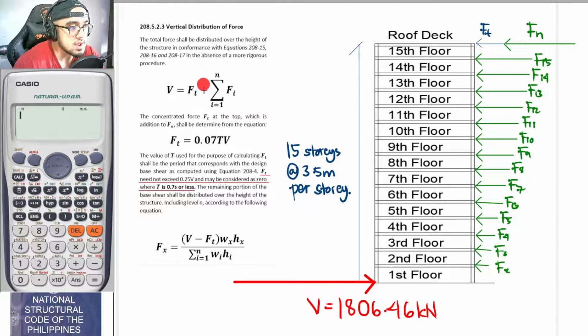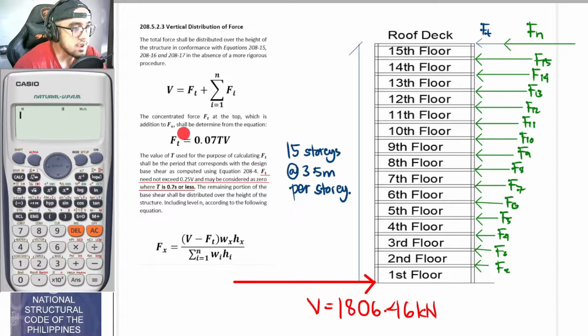This Ft here is this blue line, and the summation of Fi's are the ones drawn in green. So this total base shear should be equal to all of this: Ft, the concentrated force at the top, and all of these green forces here.